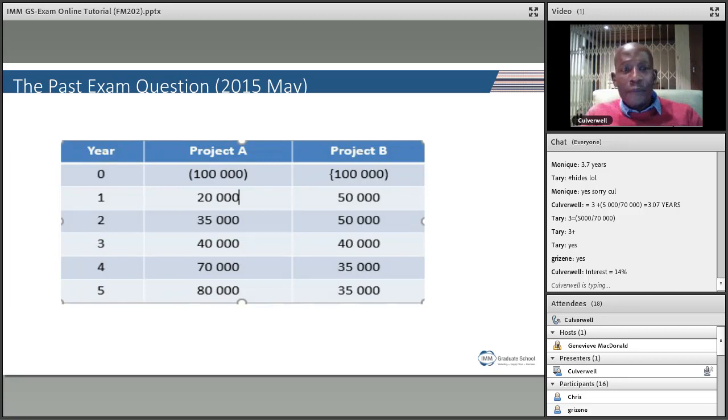Can you calculate NPV for project A? Calculate NPV for project A, and then we'll discuss shortly.